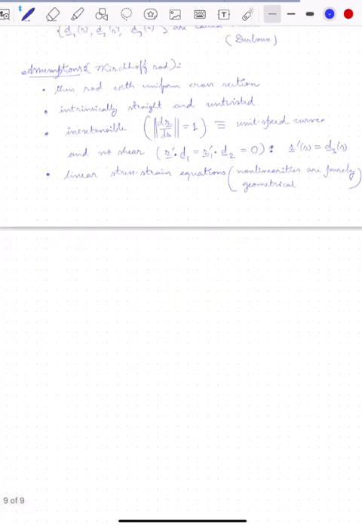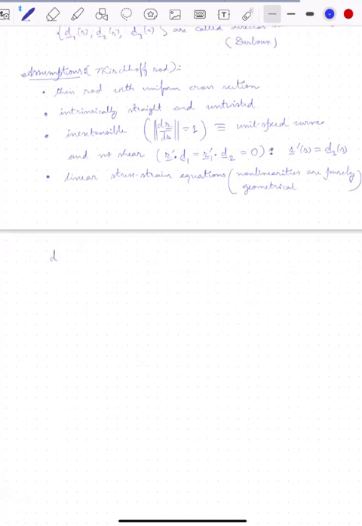So with this, let me make certain geometric observations: d1 vector and d2 vector of s span the cross section of the rod. Now you'd ask, what is that?